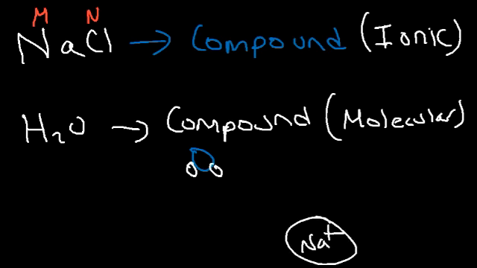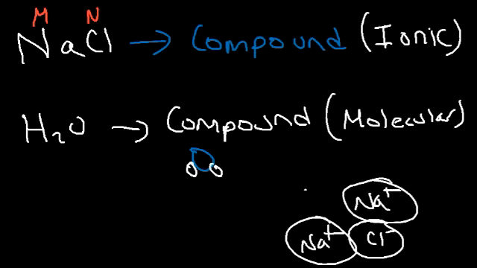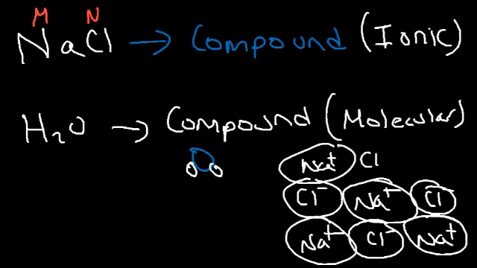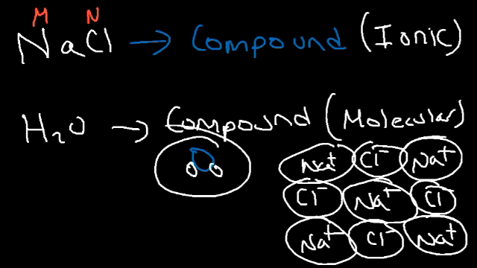You have sodium ions, chloride ions, and you have billions of these ions together in a solid. So you have a huge network of ions bonded together. But in water, you have individual particles, which makes it a molecule.